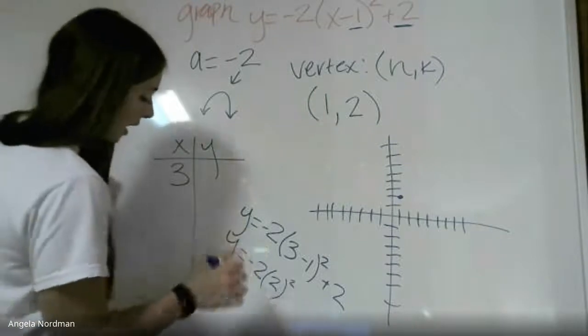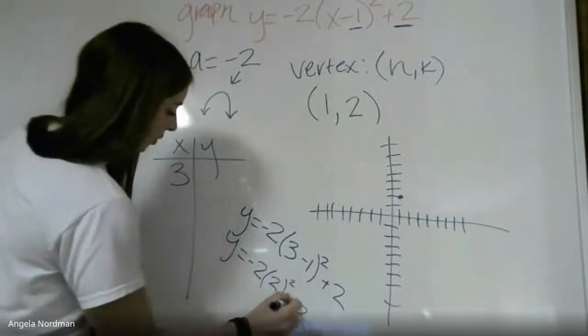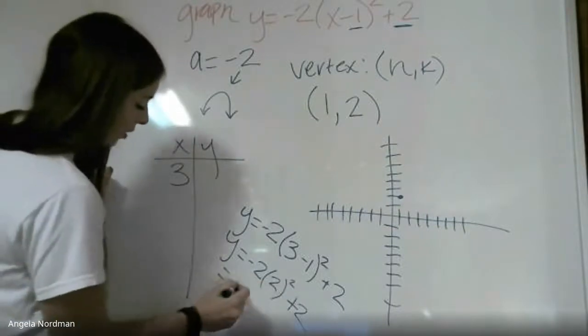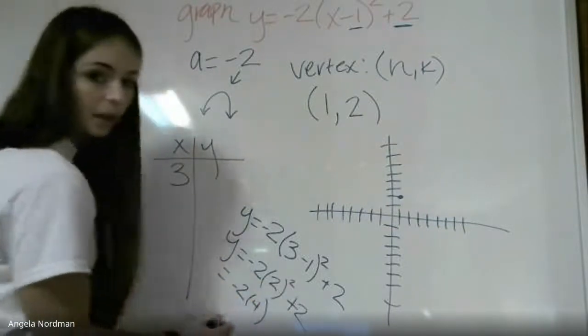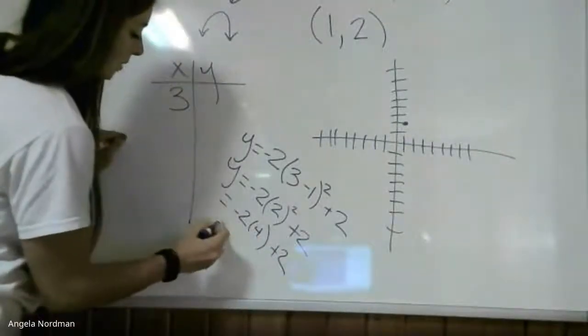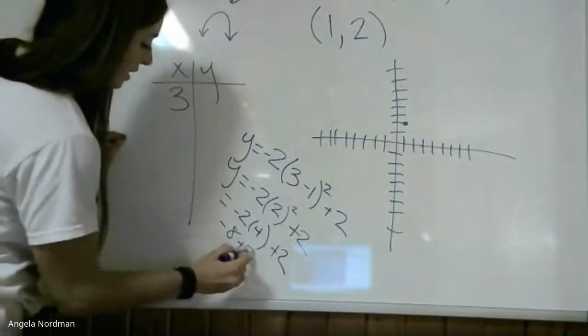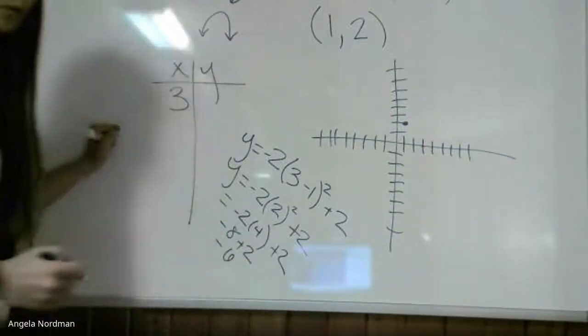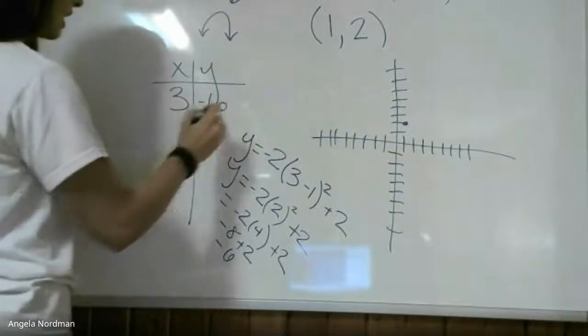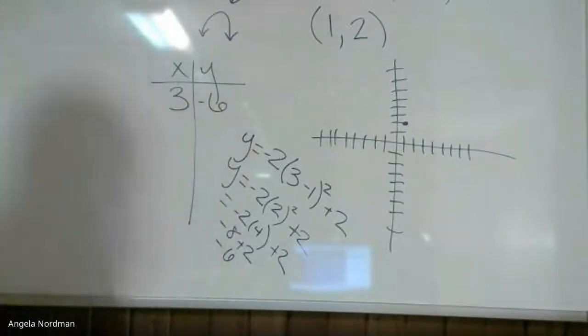Okay, so now we have 2 squared. 2 squared is 4. Still plus 2 over here. Negative 2 times 4 is negative 8 plus 2. I'm ending up with negative 6. So my y value attached to this 3 is negative 6.